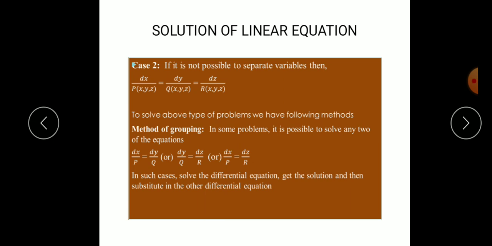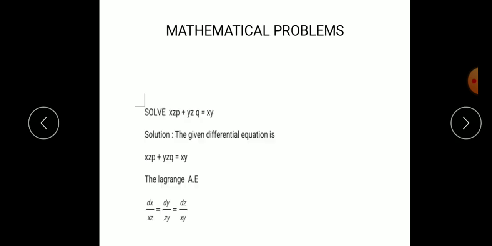In such a case, solve the differential equation and get the solution and then substitute in the other differential equation.